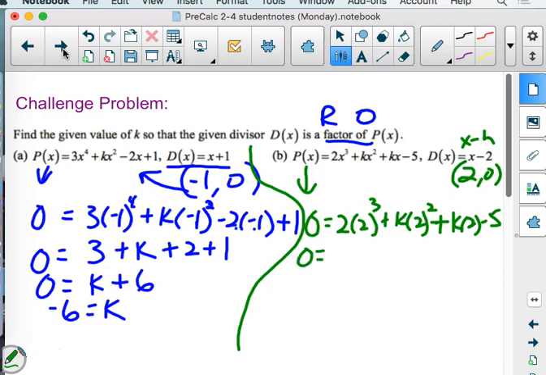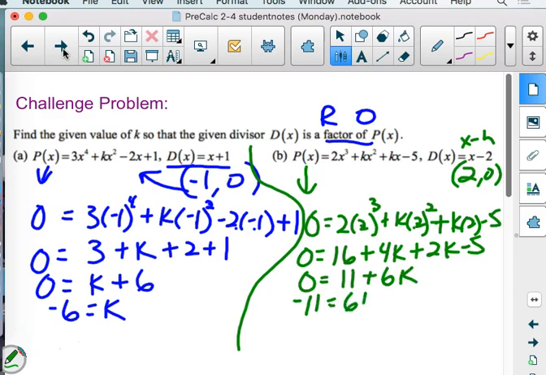So 0 equals 2 cubed is 8. 8 times 2 is 16. 2 squared is 4, 4k. k times 2, 2k minus 5. So we would have 16 minus 5 is 11 plus 6k. Subtract 11 from both sides and divide by 6.